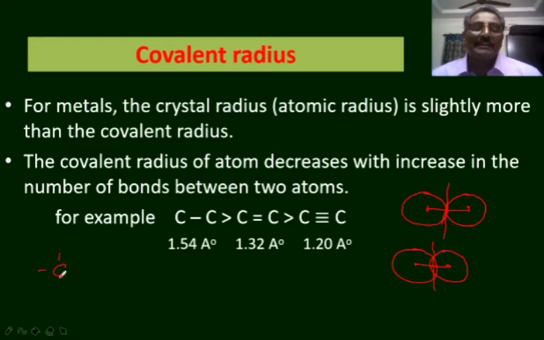In ethane, there is a carbon-carbon single bond. The formula of ethane is C2H6.